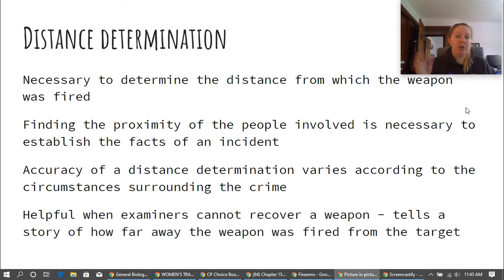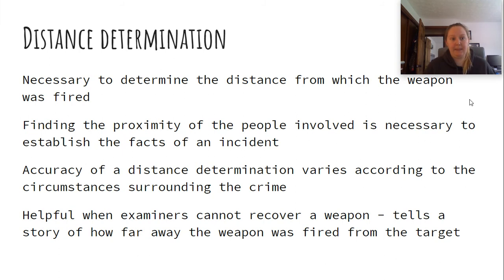This way, Joe Schmo can't walk in and say, I was standing 3 feet away when he got shot, when the gunpowder residue says that he was standing point blank. The accuracy of determining distance varies according to the circumstances surrounding the crime. It is helpful when examiners cannot recover a weapon, because it still tells the story of how far away the weapon was fired from its original target.